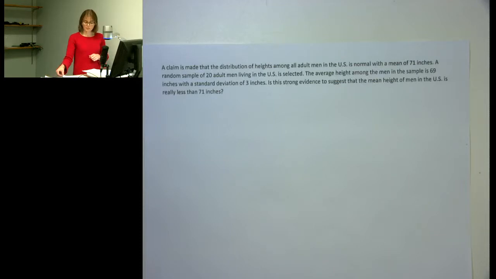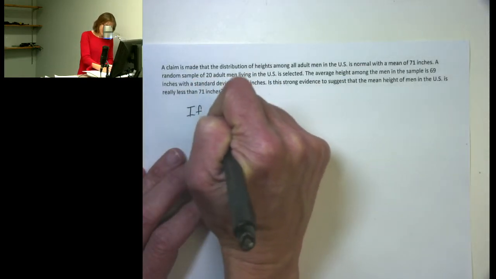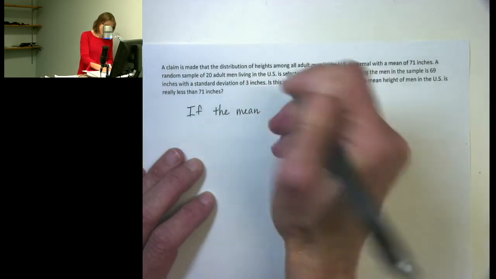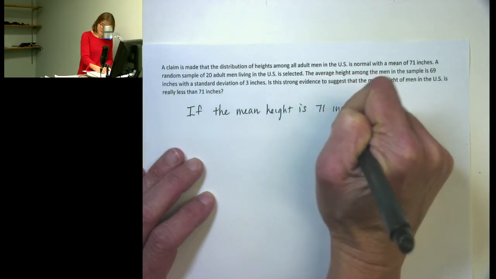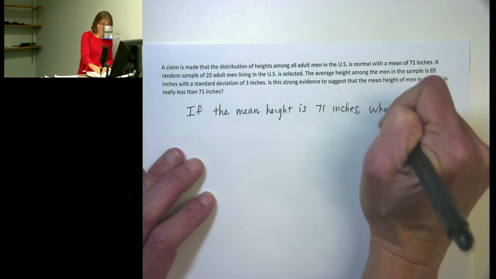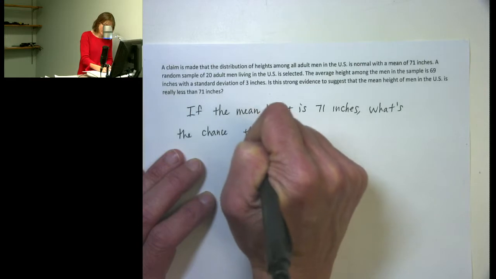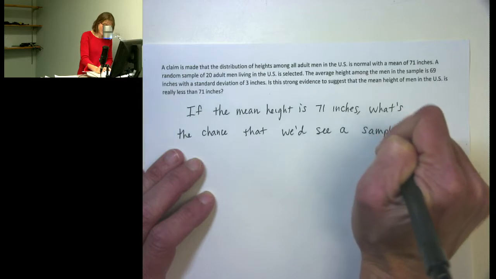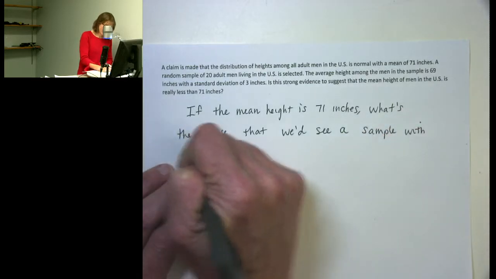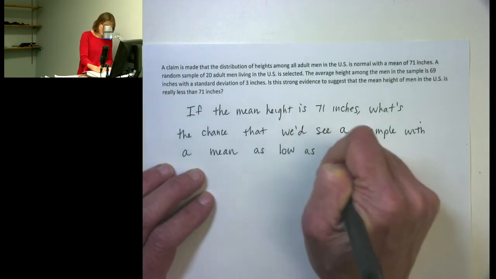Okay, so again, we're going to approach this by deciding, if the mean height really is 71 inches, what's the chance that we'd see a sample with a mean as low as 69 inches?